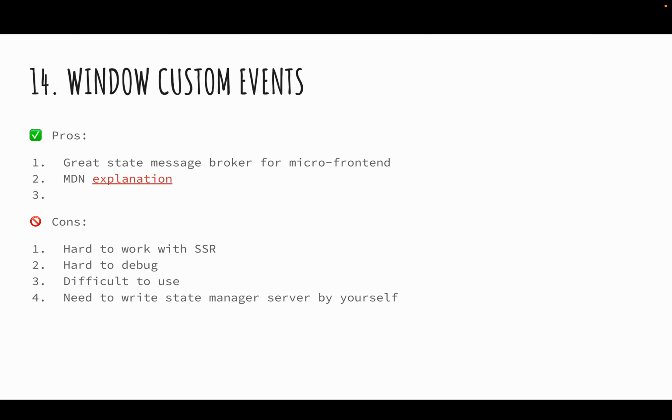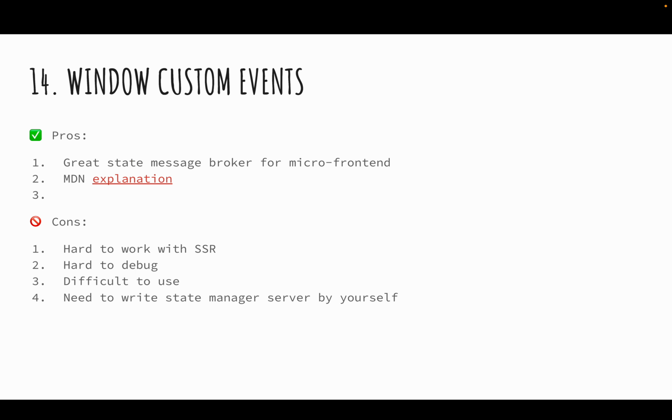Another approach is window custom events. With window custom events you can share your state between your micro front-end applications. So for example, you have a big application, like the TradingView site, that has a lot of charts, and a lot of data is updated, and different pieces of your web application are written in different frameworks.